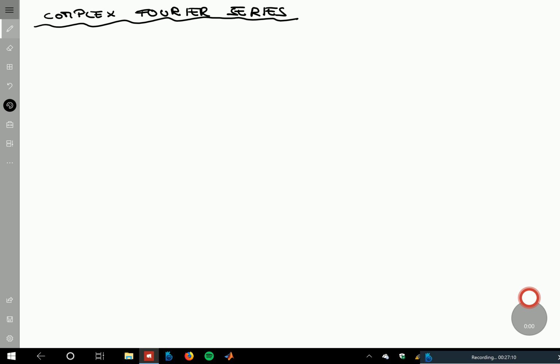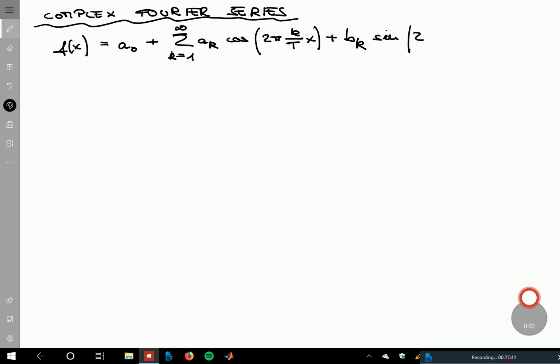So we remind ourselves briefly of the real Fourier series: we have a function f, which we can express in terms of this infinite sum of cosine and sine terms of varying frequencies. So we have a_k cos, and then there's our omega k, and our omega k was defined as k divided by T, x plus b_k sine 2 pi k x over T.